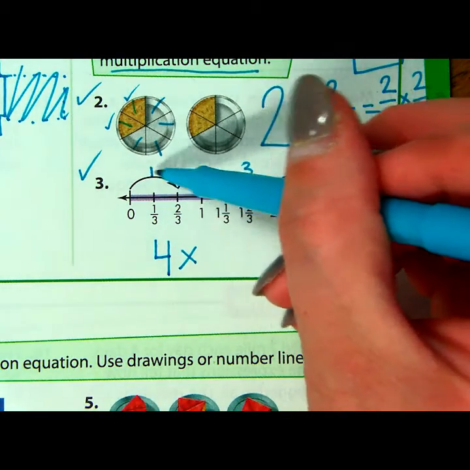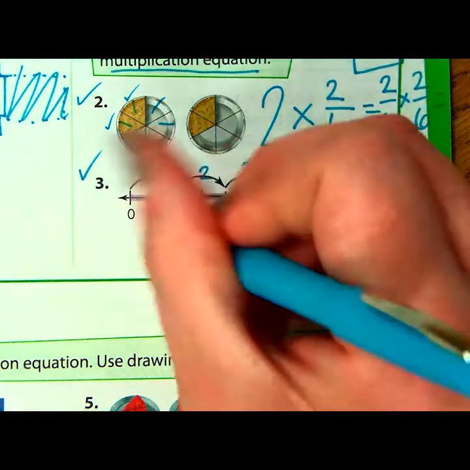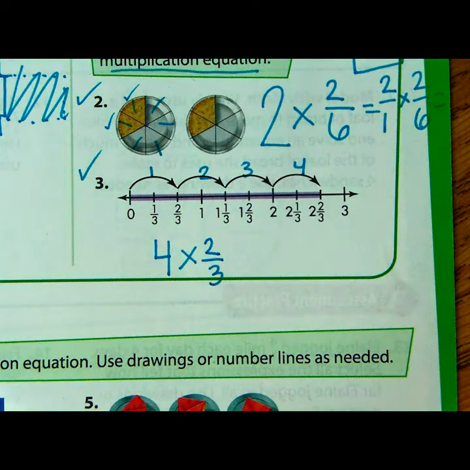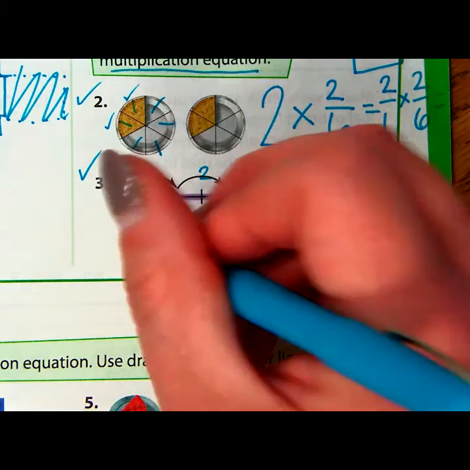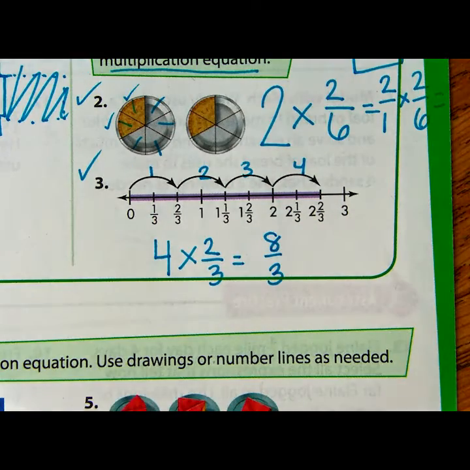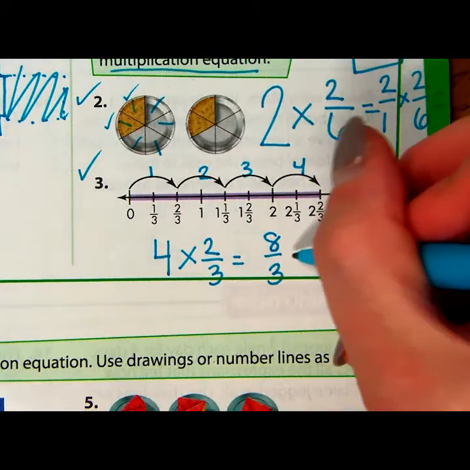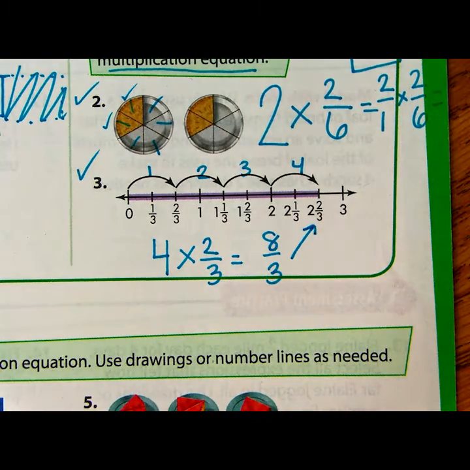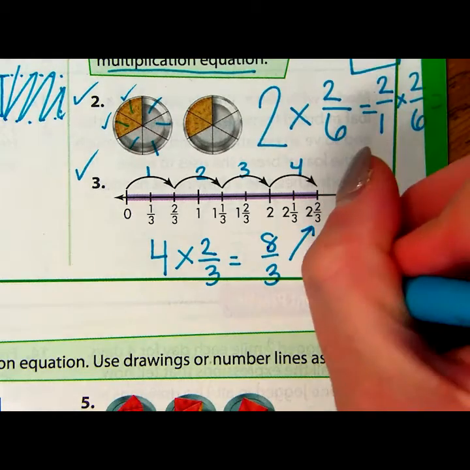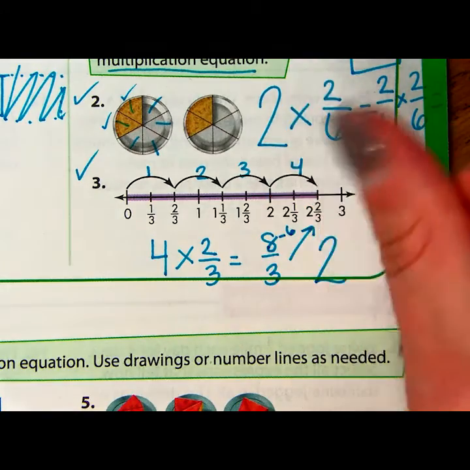So 4 multiplied by 2/3. And then if we were to solve, that would be 8/3. And we can turn that back into a mixed number. When we do, we should arrive at 2 2/3 if we did this correctly. 3 goes into 8 2 times, right? That would be like taking away 6. 8 minus 6 leaves us with 2/3 remaining.